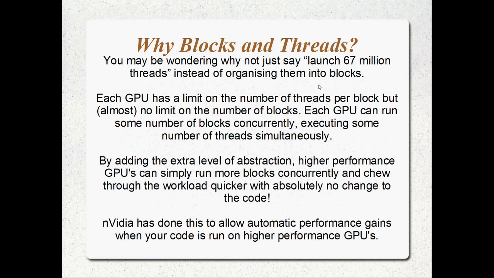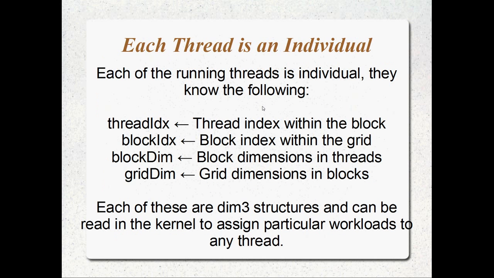But eventually, both GPUs will chew through the workload and get to the end. In making the additional abstraction of blocks of threads, NVIDIA has made a really simple way that a high-power GPU can run exactly the same code with no changes whatsoever and get better performance. Clever stuff, really.